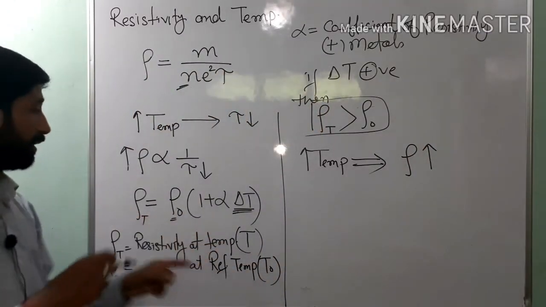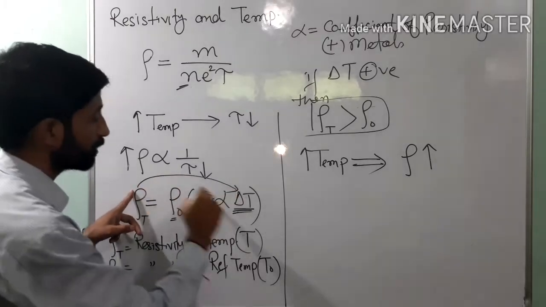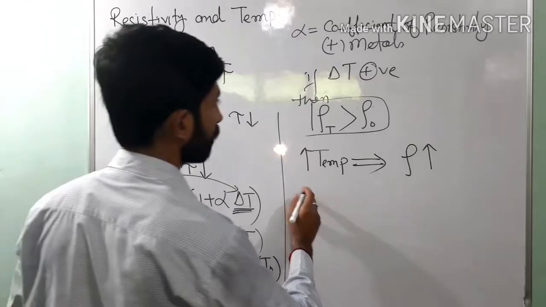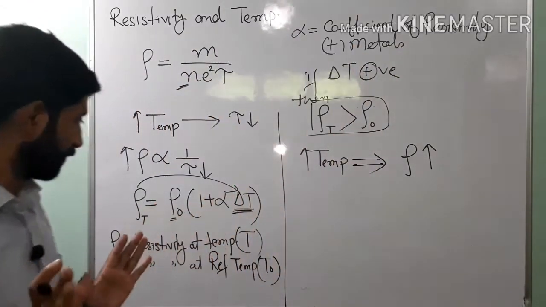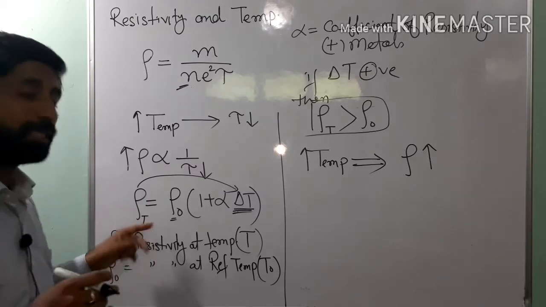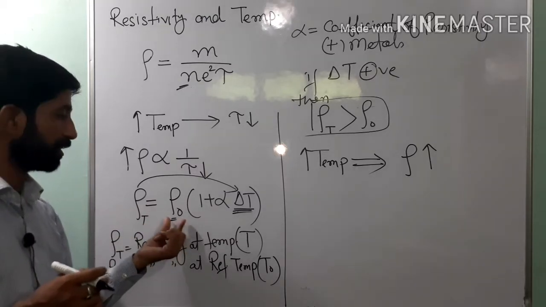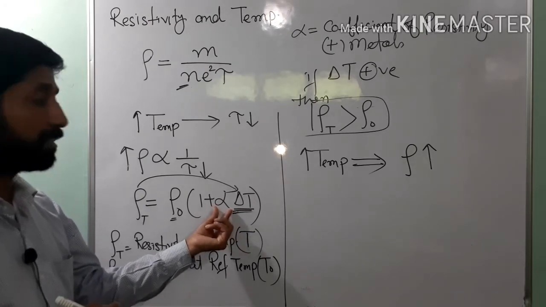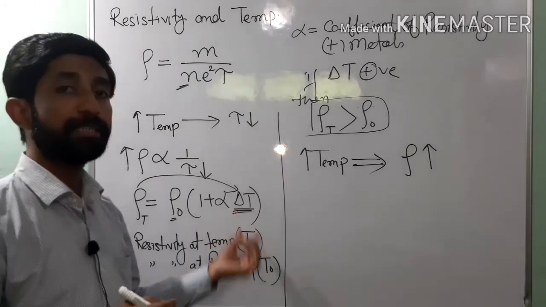From this equation as well, resistivity is directly proportional to the rise in temperature. This is a very simple equation. At a certain particular temperature, resistivity; at the reference temperature, this is the resistivity; alpha is a certain kind of coefficient, positive for metals or conductors; and delta T is the rise in temperature.